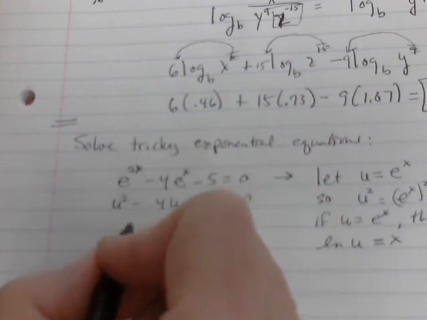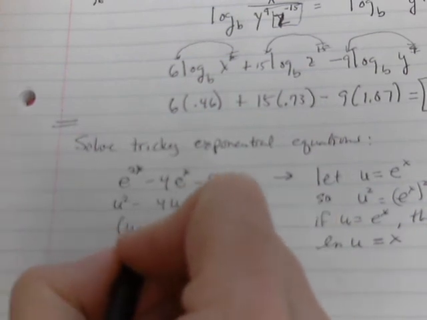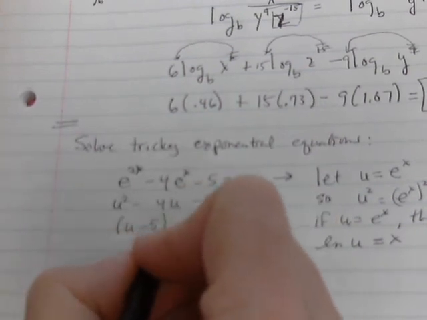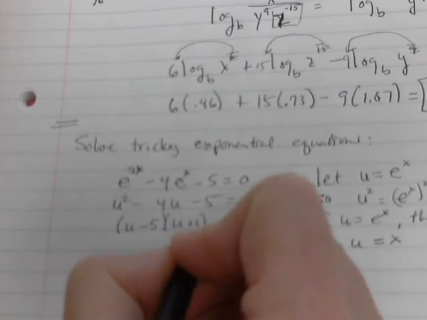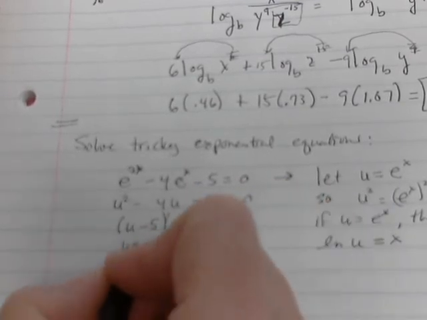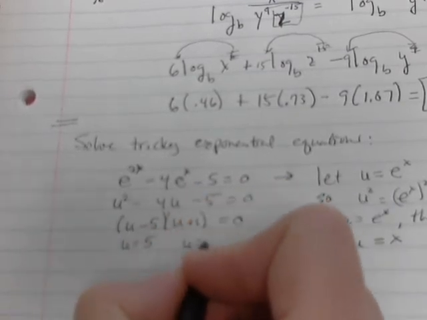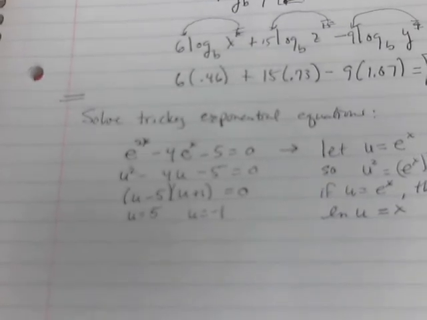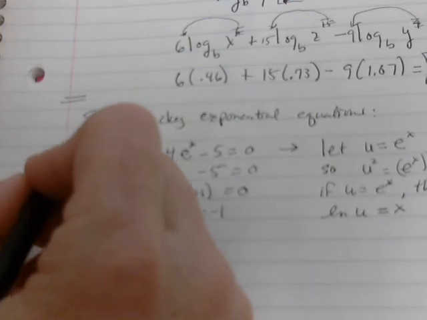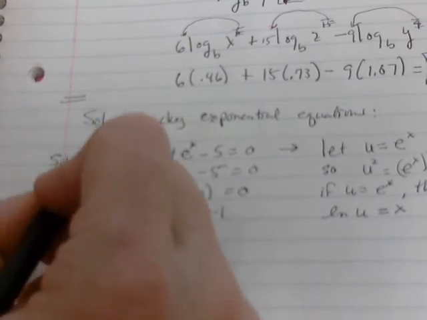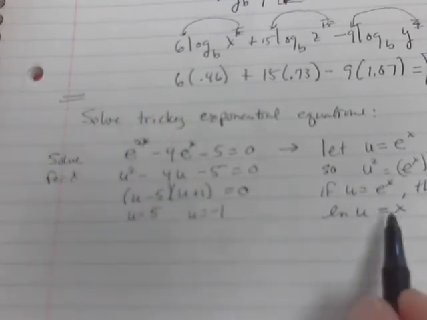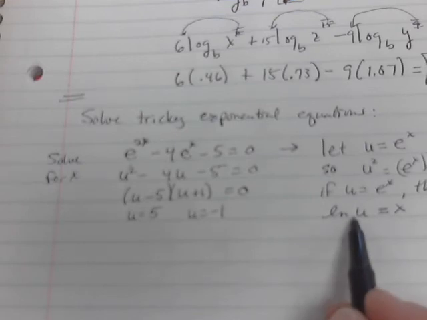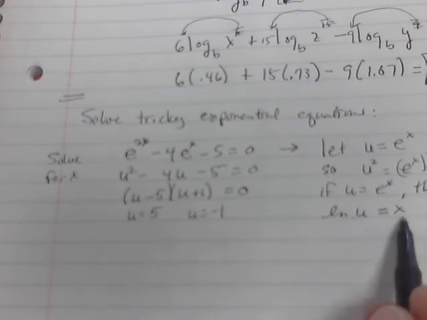Factors of -5 that add up to -4 are u minus 5 times u plus 1. So we have u equals 5 and u equals -1. But we're not solving these for u, we're solving for x. So in order to solve for x, I know the natural log of u is equal to x.